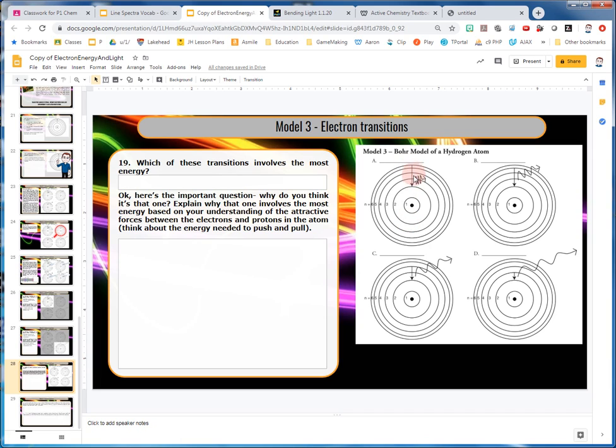So that long journey involves the most energy. And the same thing if it was going from here down here up to here, that would absorb the most energy, right? That would absorb the most energy. So coming down from there releases the most energy.